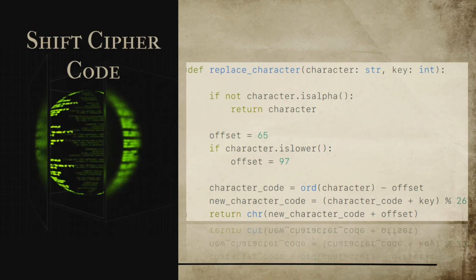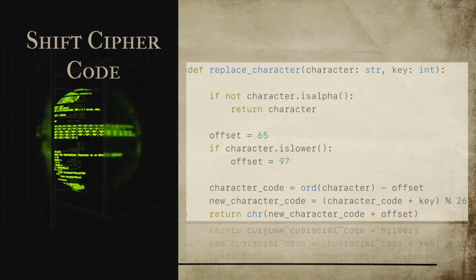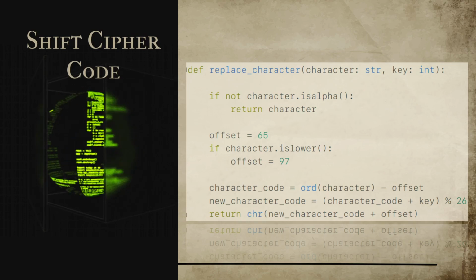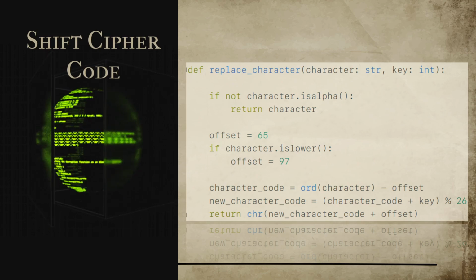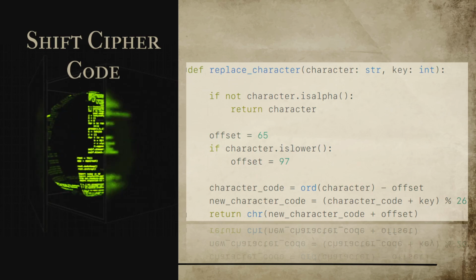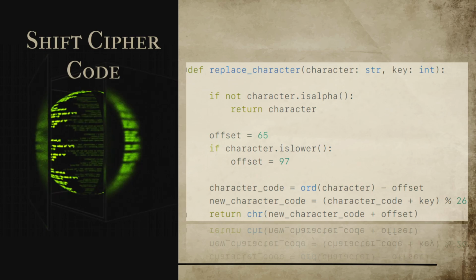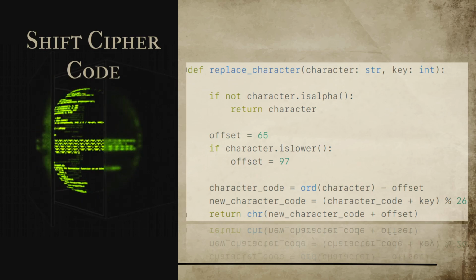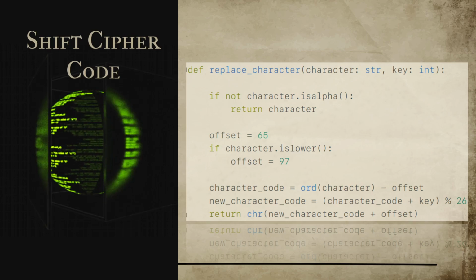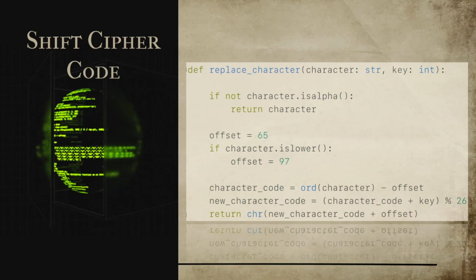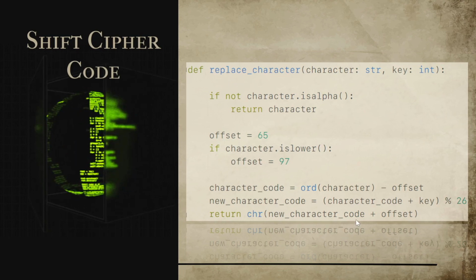Then we find the character code by removing the offset from the ASCII value of the character. We add the key with the character code to find the change. Then we divide it by 26, which is the number of alphabets in English, and set the remainder as the new character code. Then we add the offset to this code again and return it as a character.